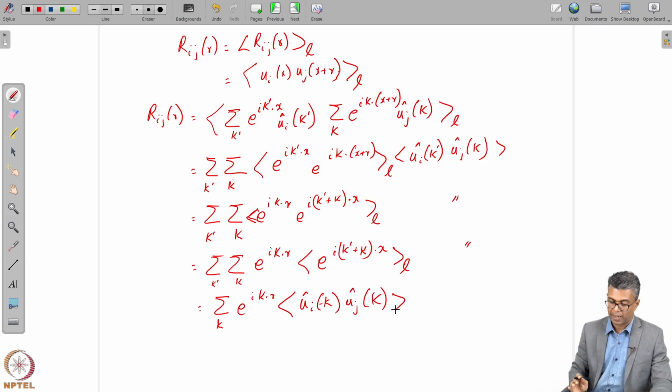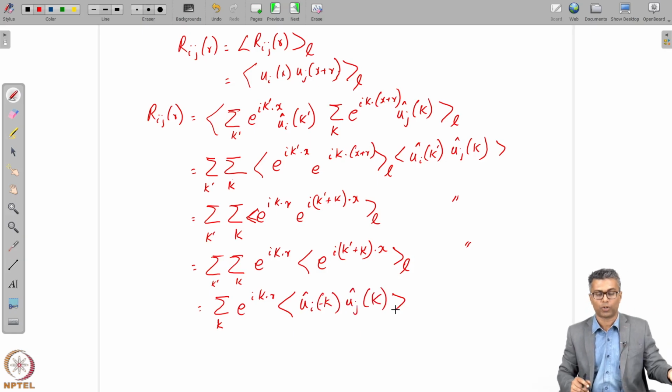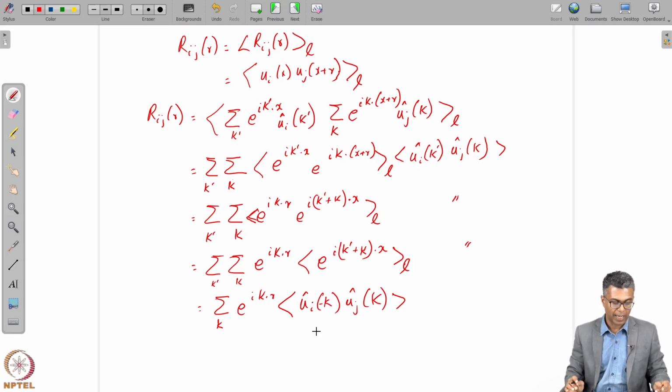That is all I'll have. Everything else will go to 0, because I just proved the orthonormality property: except when kappa prime is equal to minus kappa, the rest of the terms go to 0. This is the first part of the question.